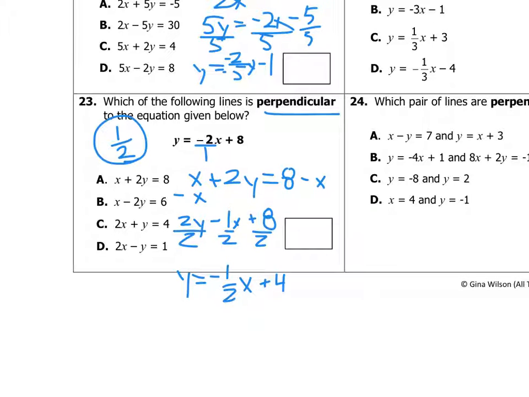So as you can see, I need the slope to be 1/2. This is a negative 1/2, so that's not going to work here. So again, solve the rest of those for y, just like I did here. Use another separate sheet of paper, like I would for 21 too, and figure out which one is perpendicular to that line.